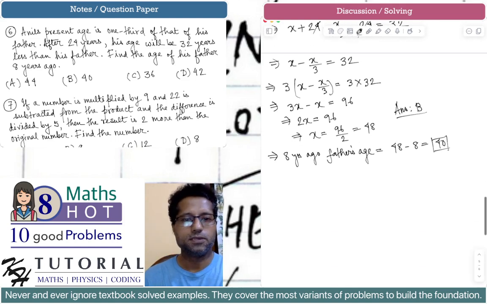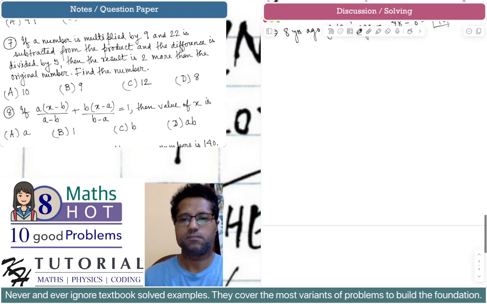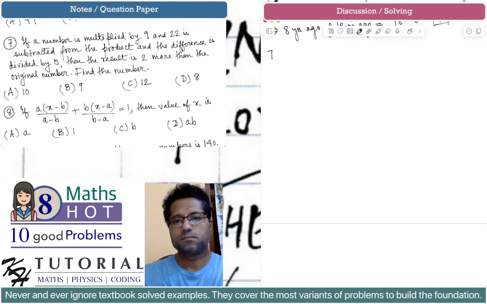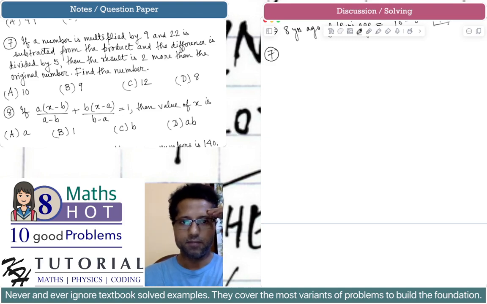Okay, let's do problem number 7. It is saying that if a number is multiplied by 9 and 22 is subtracted from the product and the difference is divided by 5, then the result is 2 more than the original number.